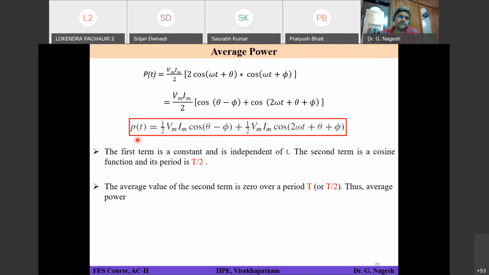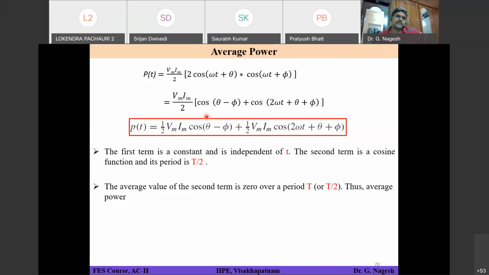That means you are integrating over one complete time period. So average power is the integration of your instantaneous power over one complete time period.